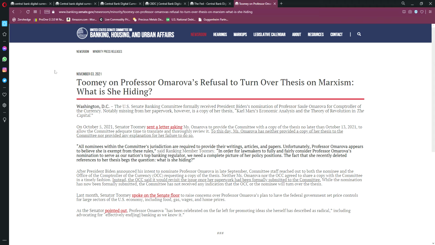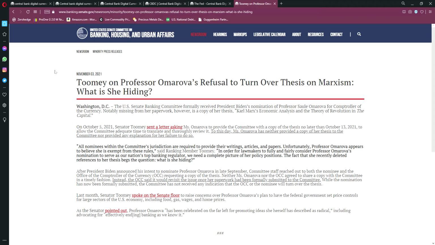November 3rd, 2021, Toomey on Professor Omarova's refusal to turn over thesis on Marxism. What is she hiding? The U.S. Senate Banking Committee formally received President Biden's nomination of Professor Saule Omarova for Comptroller of the Currency.